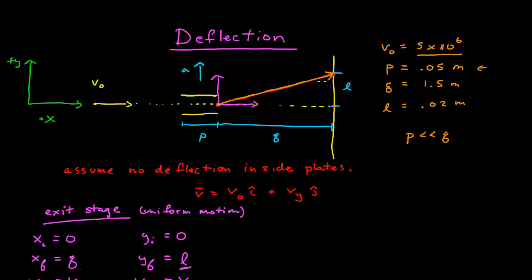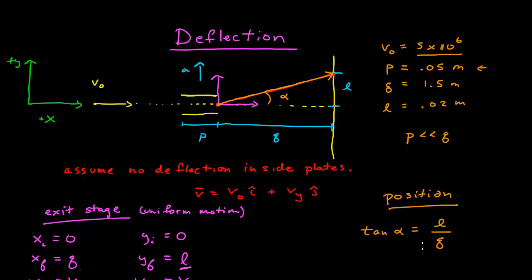So if I look at this on my picture in terms of my position vector, if I call this angle alpha, just from the triangle in my diagram, I know that tangent of alpha is equal to L divided by Q.